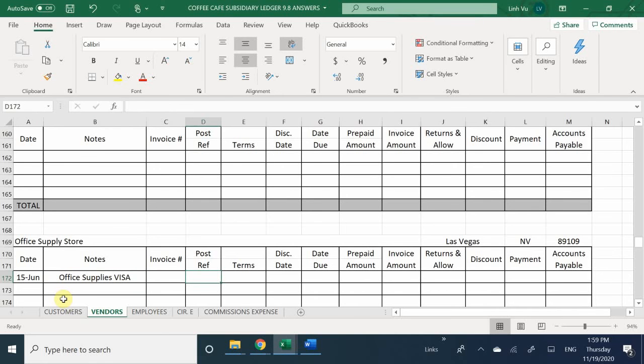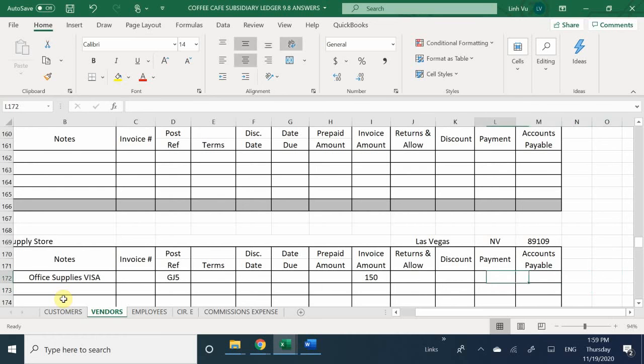No invoice number. Post reference will be our General Journal 5. No terms, no discount date, no due date, no prepaid amount. Invoice amount will be for the full 150. No returns or allowances, no discounts, but payment will have 150 because that is what we placed on our Visa.